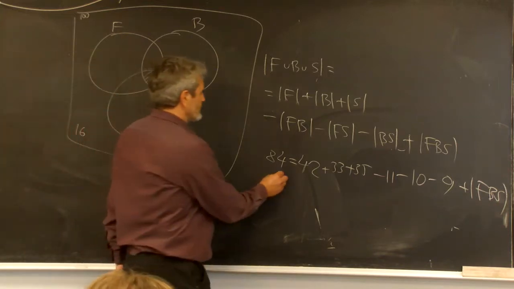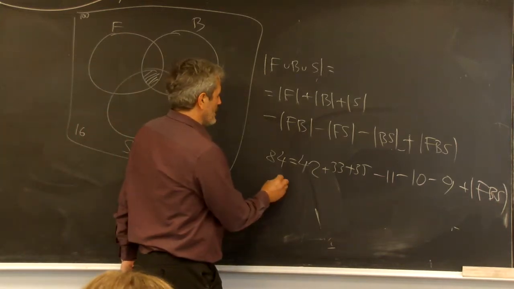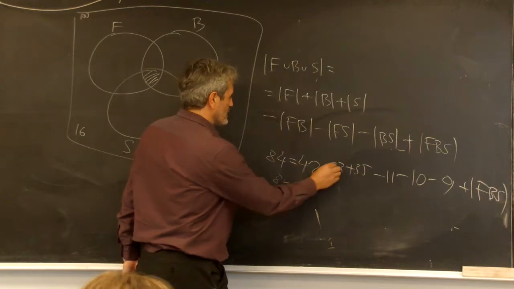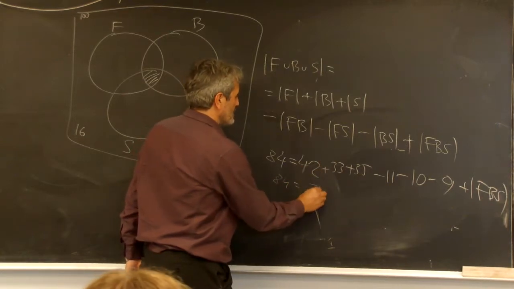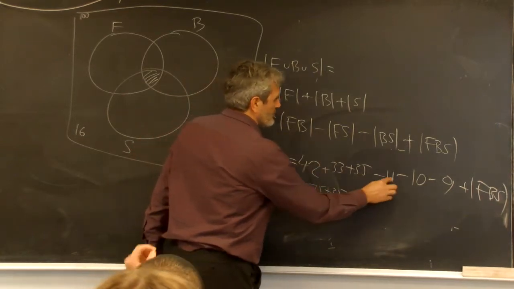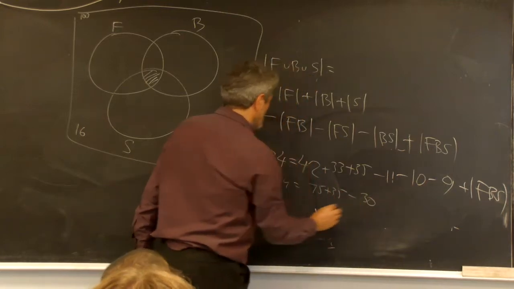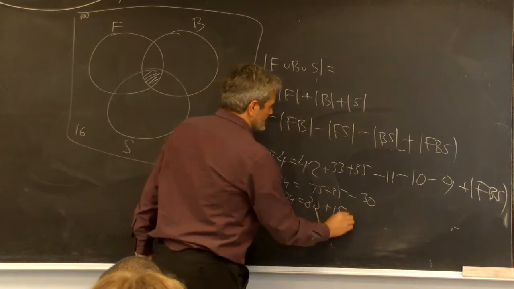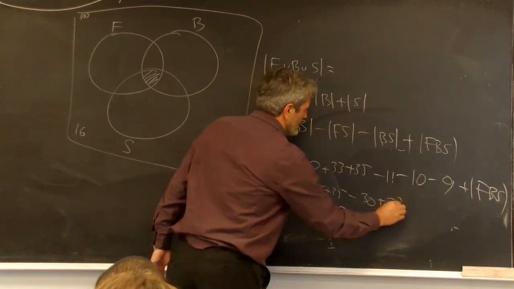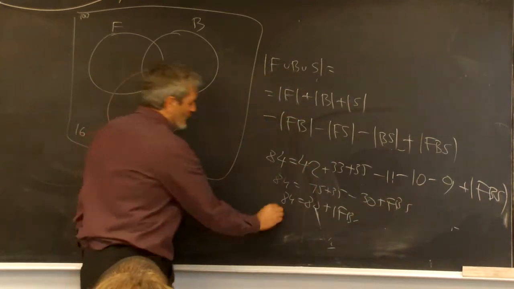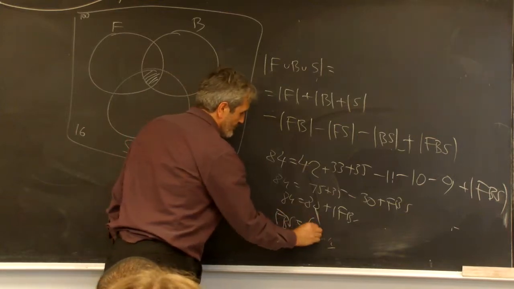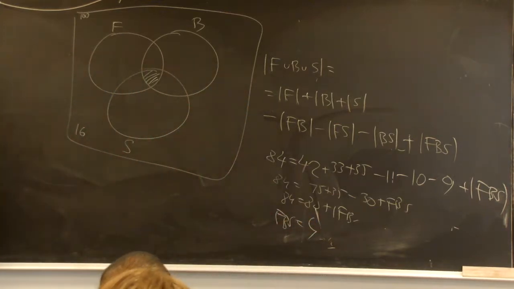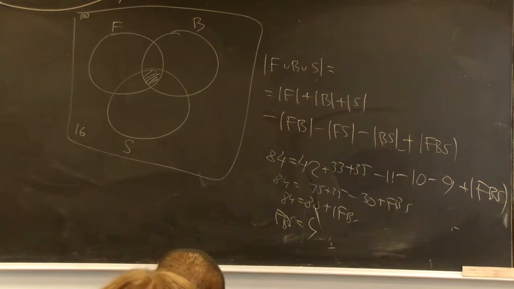So what would that be? 84 equals what? 75 plus 35 minus 20 minus 30. So 84 equals 80 plus FBS. How much FBS? 4. And then what? I also have something else. What would that be?